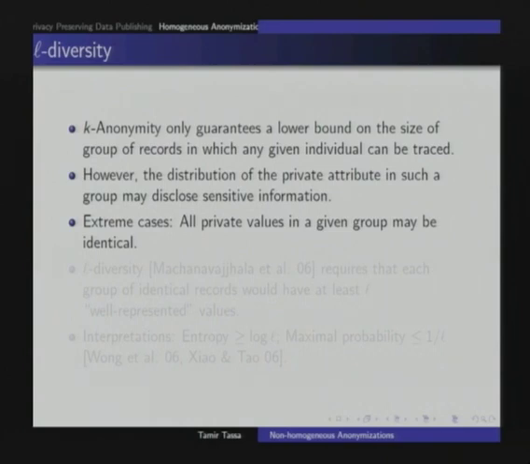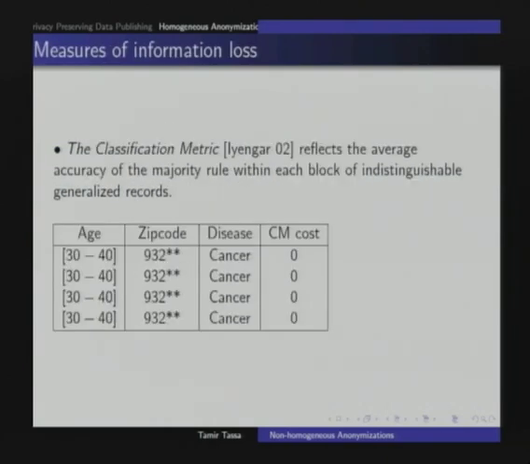So if we go back to this example, this is a table which is k-anonymous, but obviously it offers no privacy for the people behind it, because if I was able to trace Bob's record to that block, I don't care that I don't know which record belongs to him, because all records suffer from the same disease, and therefore I can infer the disease from which Bob suffers.